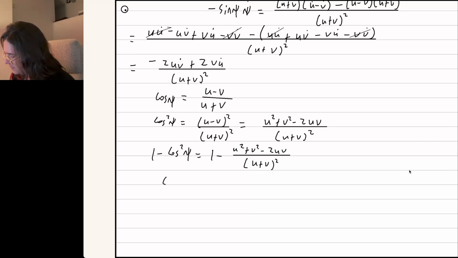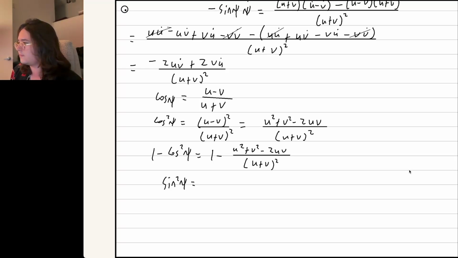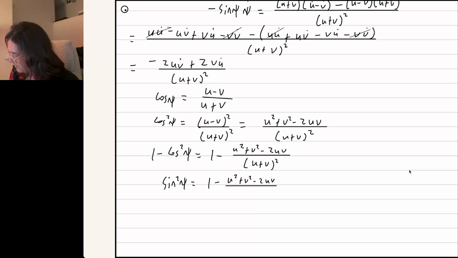And so the left-hand side will become sine squared psi. The right-hand side is quite tough to deal with, so I'm just going to leave it as it is just now, with u plus v squared on the bottom.